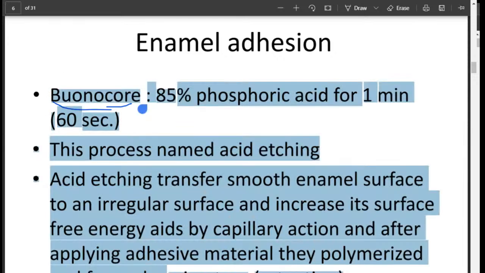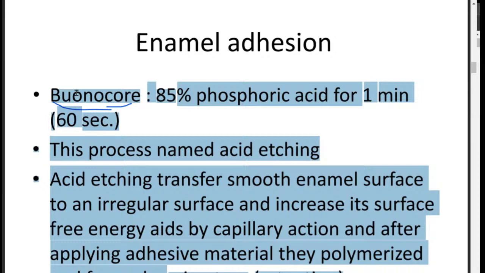Let's read this page to understand what the enamel adhesion means.